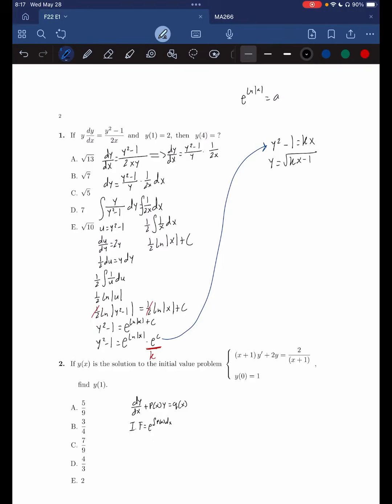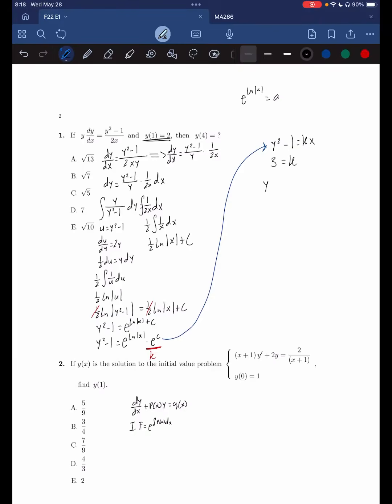So this is our implicit solution. Keep in mind we do have this initial value here. y of 1 is equal to 2. So when x is equal to 1, y is equal to 2. We're going to pretend I didn't do this right here. We don't need that right now. But when x is equal to 1, y is equal to 2. So 2 squared is 4, 4 minus 1 is 3. x is 1, k is equal to 3.